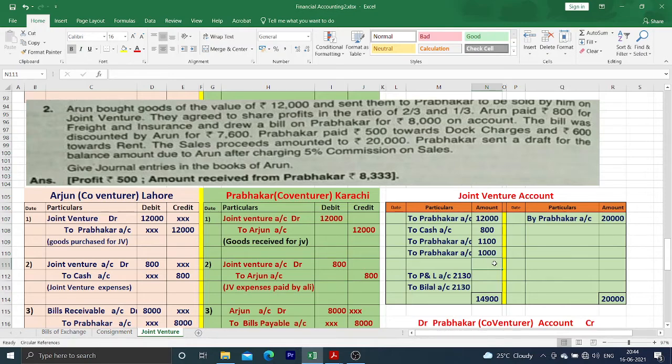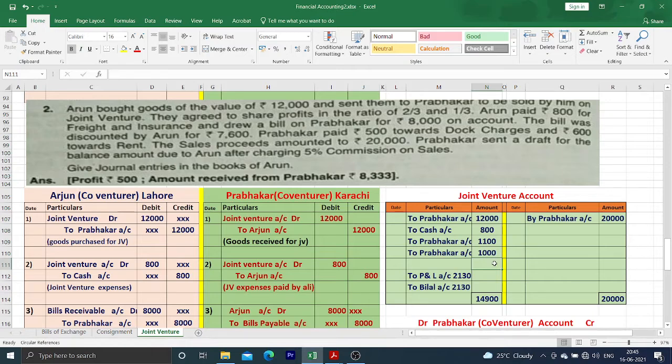Okay, and 500, it will be 12,000. Five hundred plus 600, 800, 1,900 only. Commission at 5% on sales, 1,000 rupees.